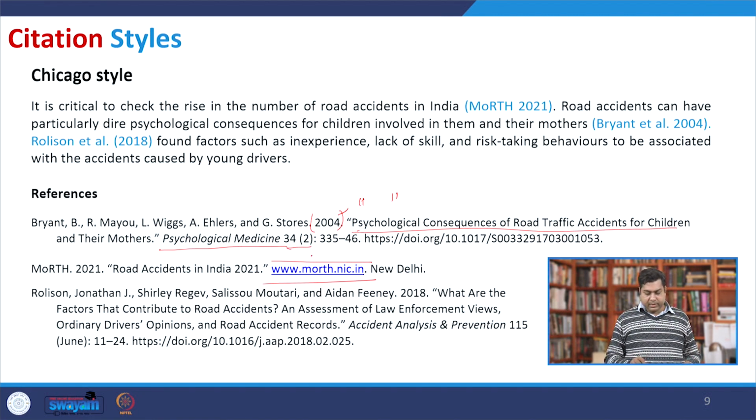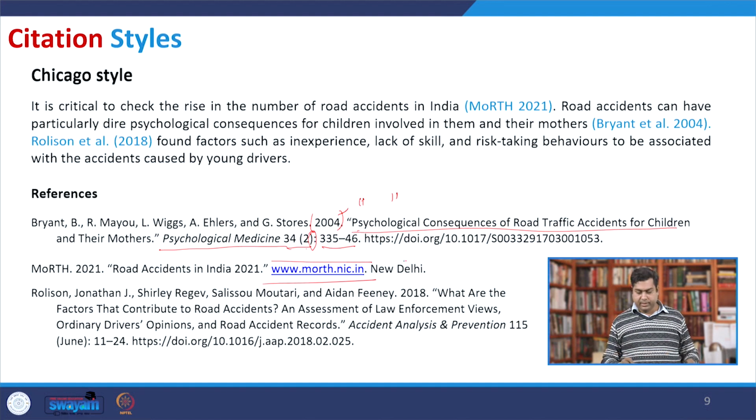In this case you see that there is no comma, so you have the 34 and then the second issue, and then interestingly you have a colon, and then you have 335 to 46. So, you might say that okay, in this particular case there is a mistake, that it is not written fully, but it is something continuous. So, it is 335 to 346.